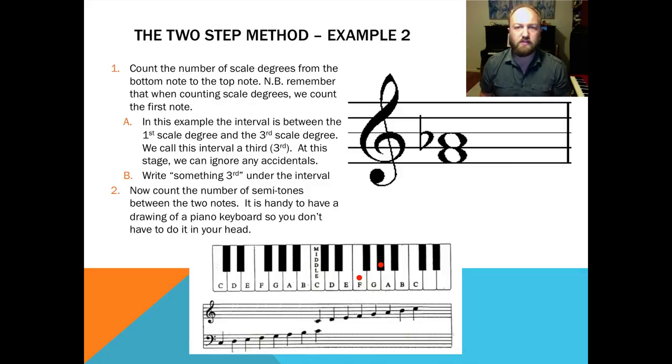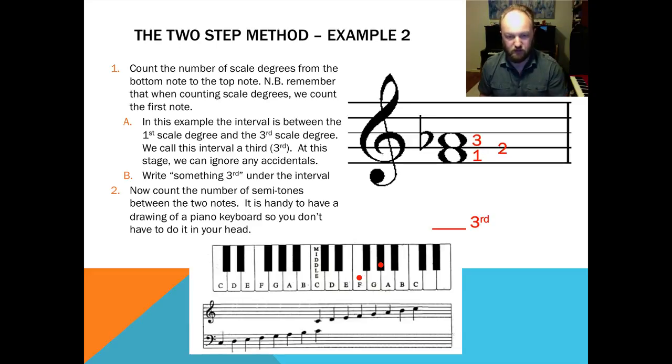Let's take a look at another example. So here we have an F and an A flat. Same method. Step one, count the scale degrees. So here we go. We have 1, 2, 3. Of course, remember we write it's a something third. We don't know what type of third it is yet, but we're going to count the semitones in order to find out.